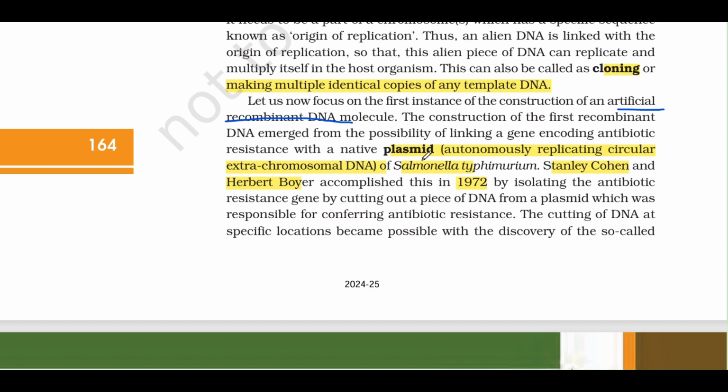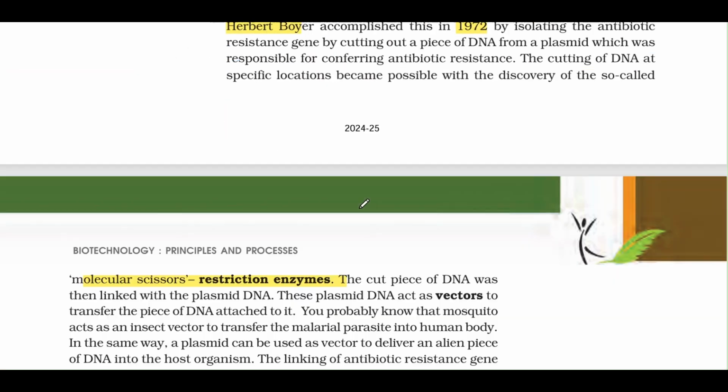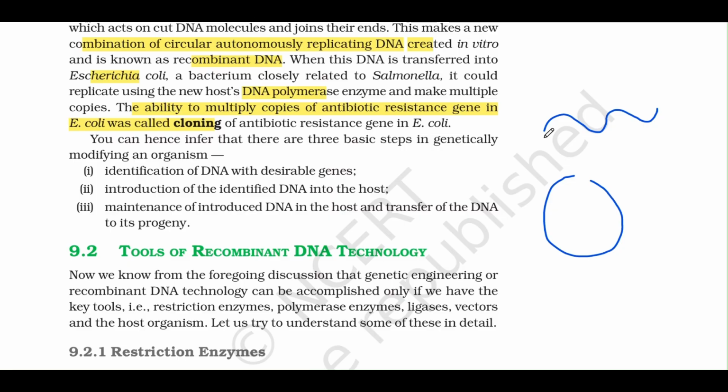This process was first done in Salmonella typhimurium by Stanley Cohen and Herbert Boyer in 1972. They isolated an antibiotic resistance gene. Suppose this is the gene, and it is incorporated into the plasmid.